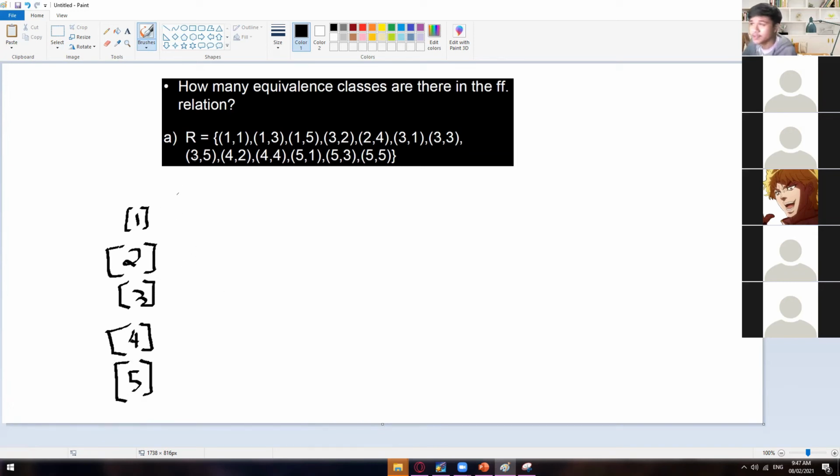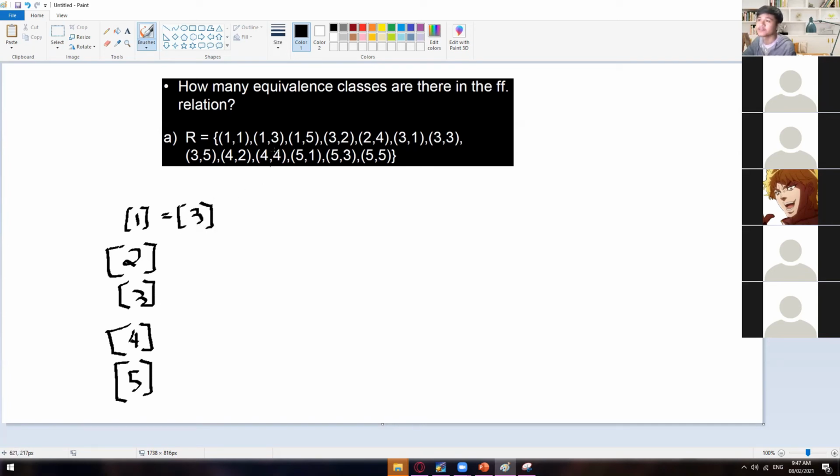All right. So as you can see right here, we have 1, 1, which is now this one. One element on that class. And then we also have 1, 3. So we could say that 1 is a classmate of 3. So they are classmates under one class.